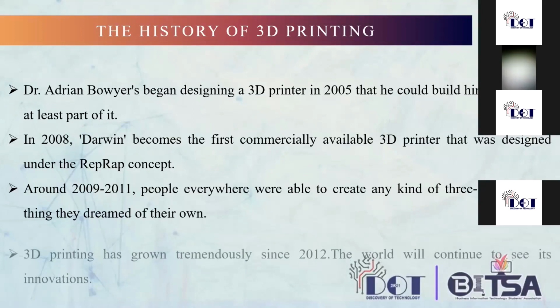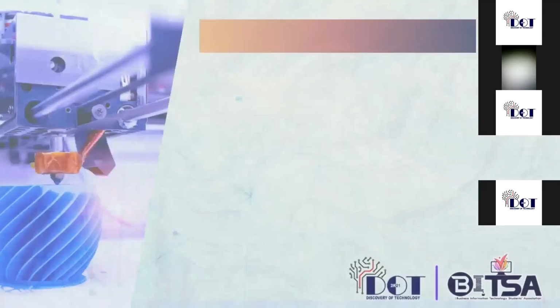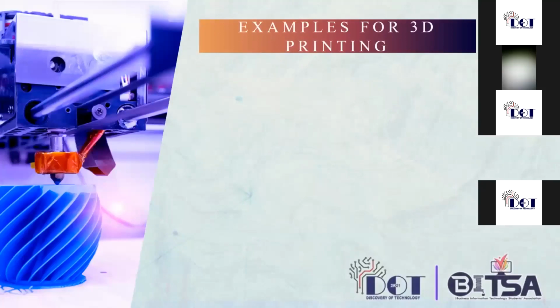Around 2009 to 2011, people everywhere were able to create any kind of three-dimensional thing they dreamed of on their own. 3D printing has grown tremendously since 2012. The world will continue to see its innovation. The next slide is about examples of 3D printing.